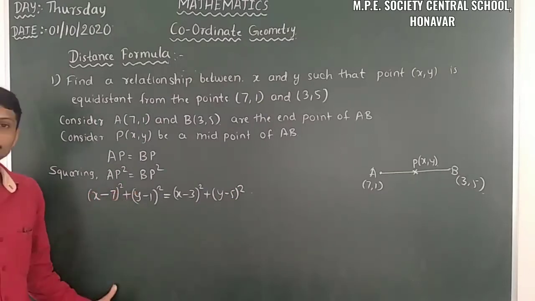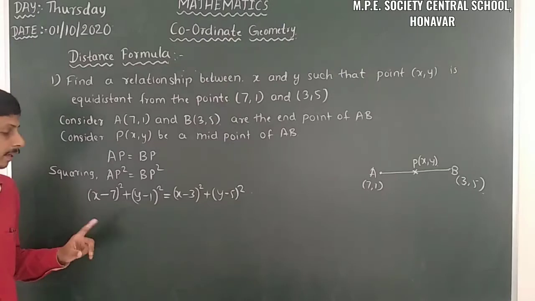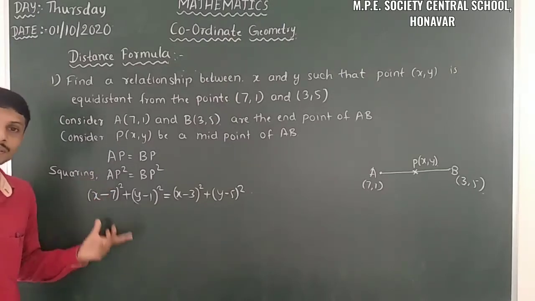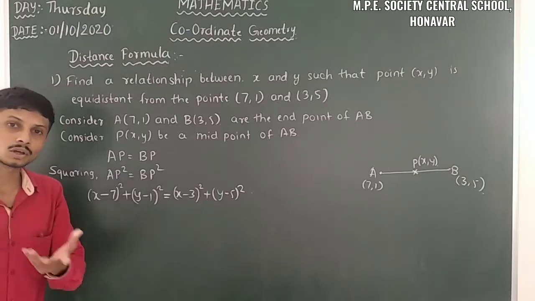Then we have to simplify. We have the algebraic identity, (a minus b) whole square. Using that identity we have to solve this one. Try to solve on your own.